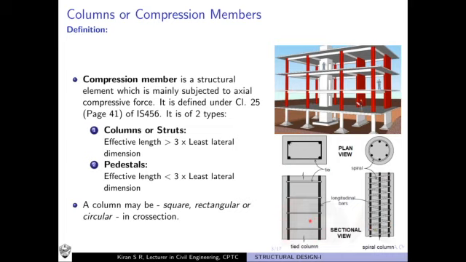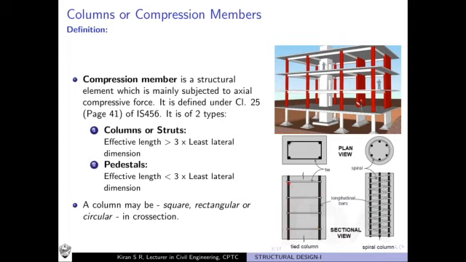We might have a tied column. Tied columns, as you see in this figure, these are longitudinal bars. Okay, these are longitudinal main bars in the columns. Okay, and you have to use something to tie these bars. Longitudinal bars are then tied, and we call them lateral ties. These are called lateral ties if these are separate elements.